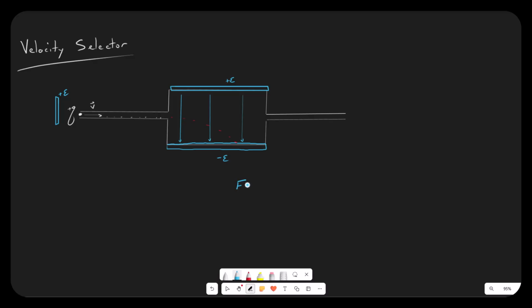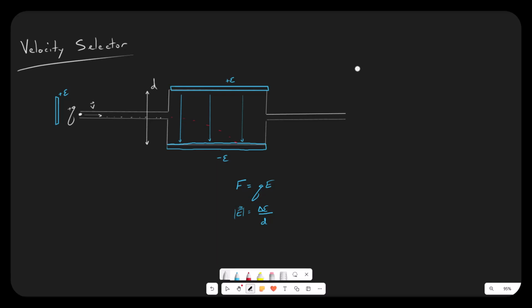This thing experiences a force equal to Q times the electric field, and the electric field, as we know, is a difference in potential over the distance between the plates. So we need a distance between these plates. We get a force, and that gets us to move downward.